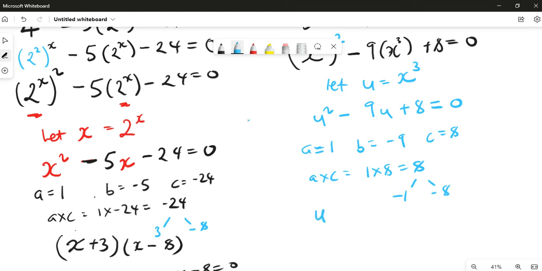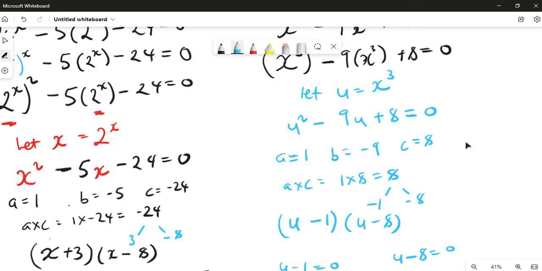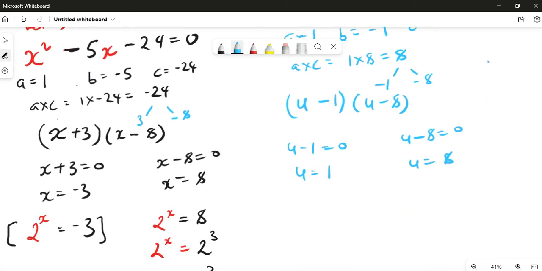So we're going to have u minus 1 and also u minus 8. We can solve. So u minus 1 equals 0, u minus 8 equals 0. On this side u equals 1, this side u equals 8. Now remember, u has been substituted with x to the power 3. So we bring it back. x to the power 3 equals 1 on this side, x to the power 3 equals 8.